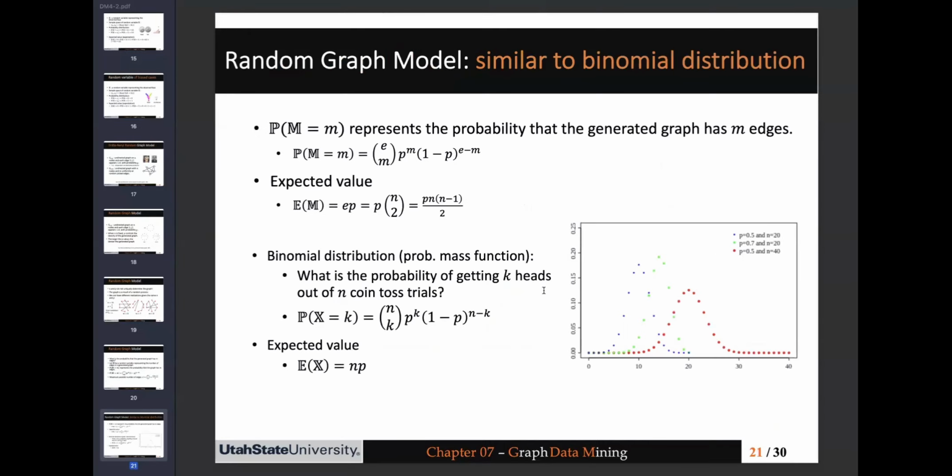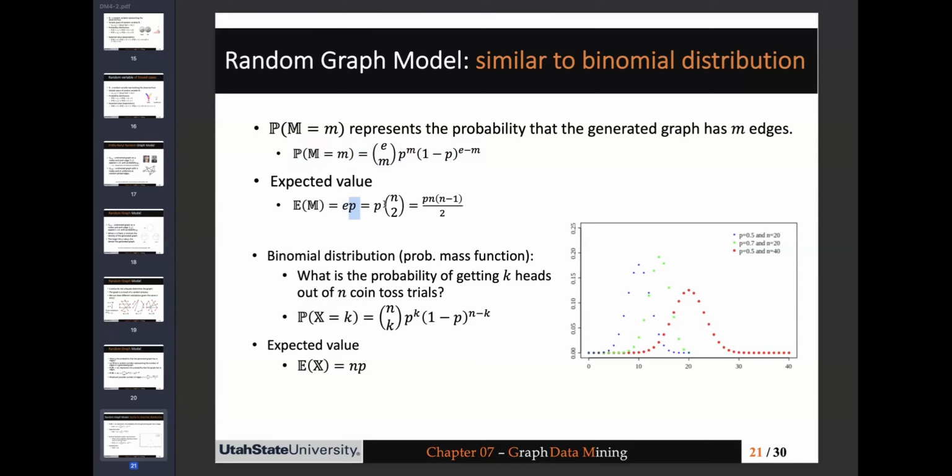Okay, so that's the probability of the number of edges that we just talked about in the previous slide. Now, the expected value, right? So here the probability of generating one specific number of edges is what we talked about. Now, if I want to know on average what's the expected number of edges that we should have, it's exactly the maximum number of possible edges, which is E that we computed in the previous slide, times p, right? p is the probability of edge existence in a given graph.